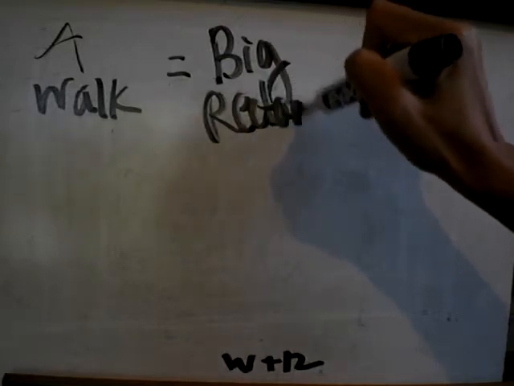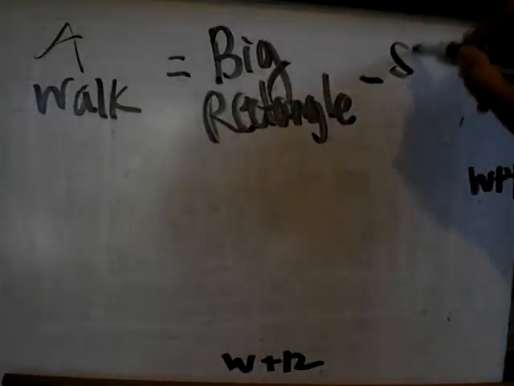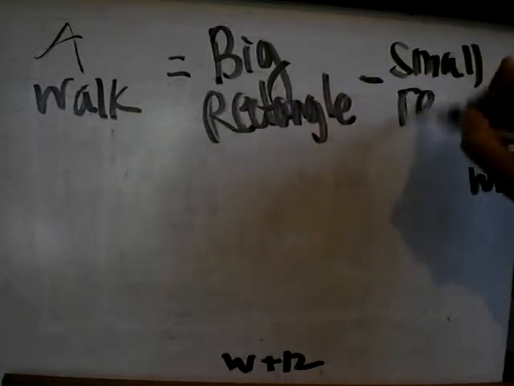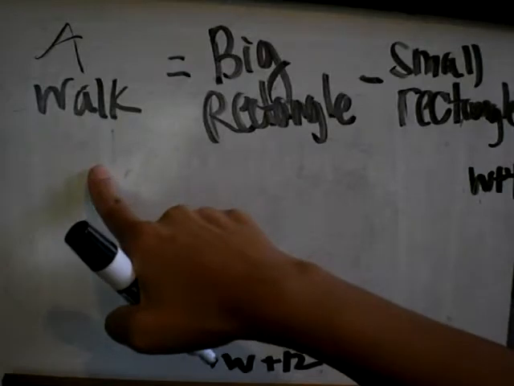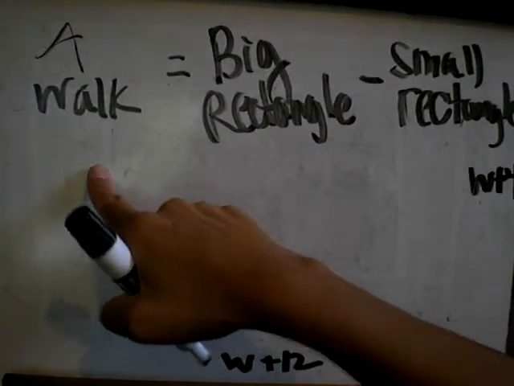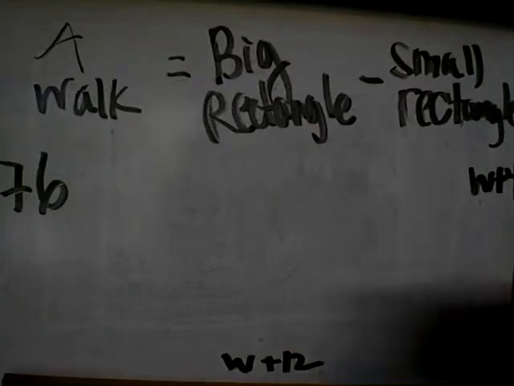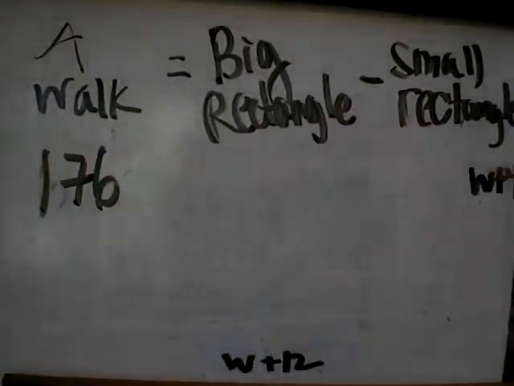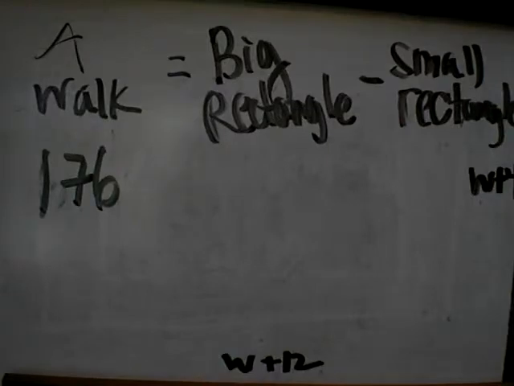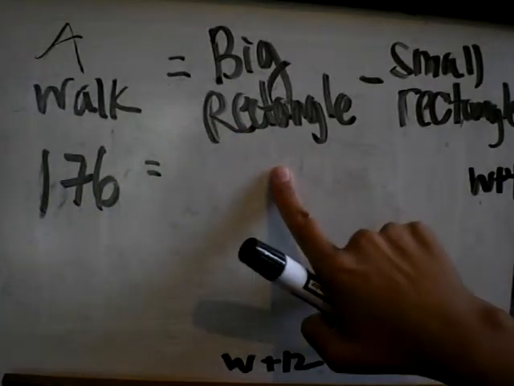Big rectangle minus small rectangle. Okay, so the area of the walk, we already know what the area of the walk is. They give it to us. It's, whoops, let me write that so you can see it. It's 176 feet squared equals area of the big rectangle.